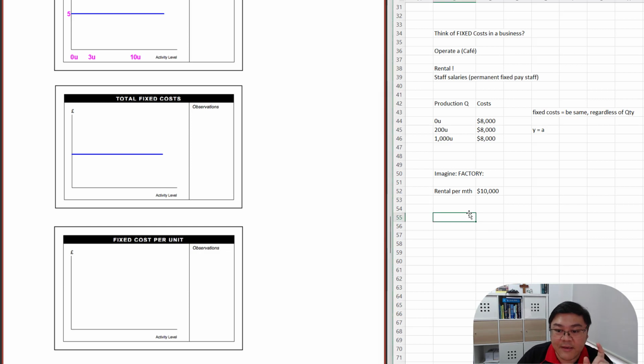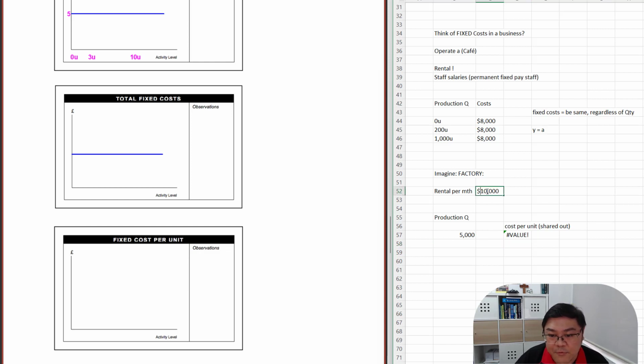Now imagine you will have a production quantity of 5,000 units each month. How much will the $10,000 be spread out or shared out among the 5,000? What would you do mathematically? The cost per unit that you share out among all the production will be the rental that you're going to pay divided by the production quantity.